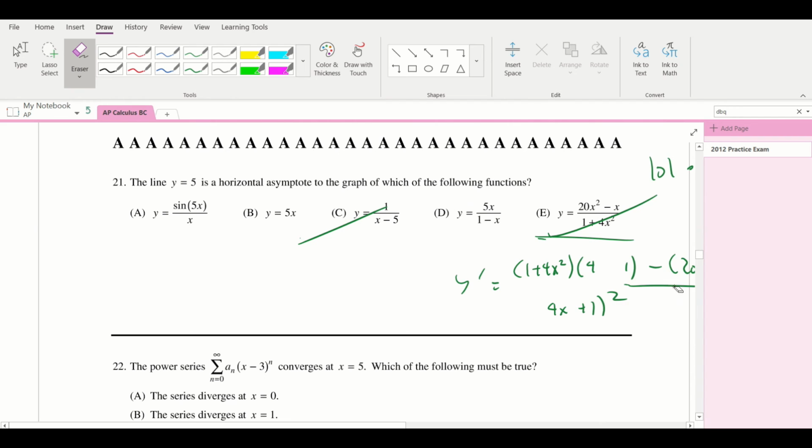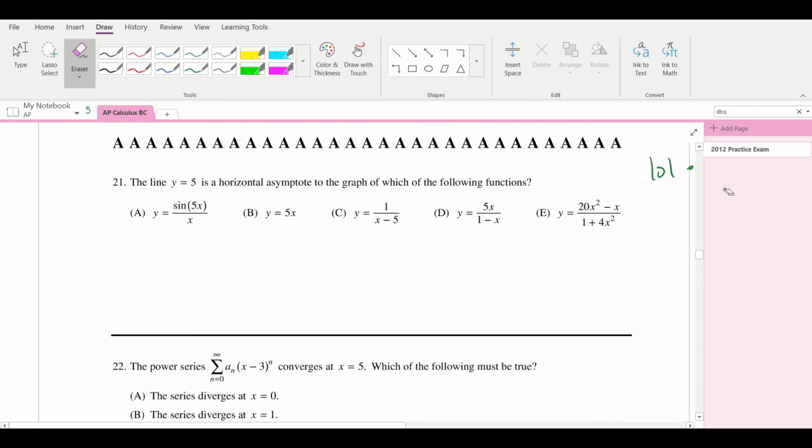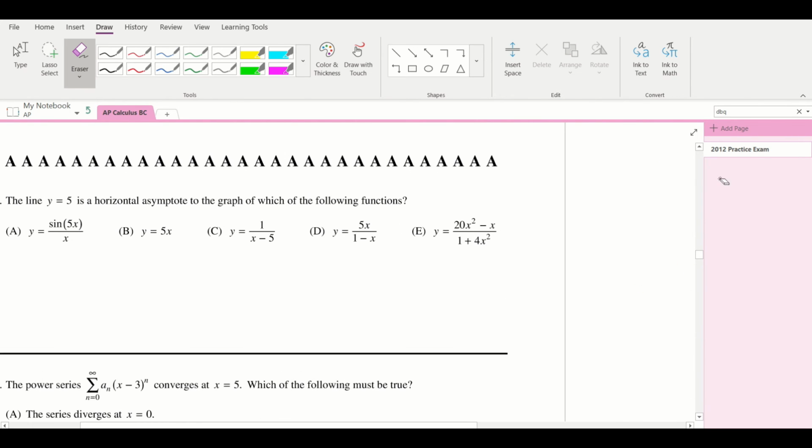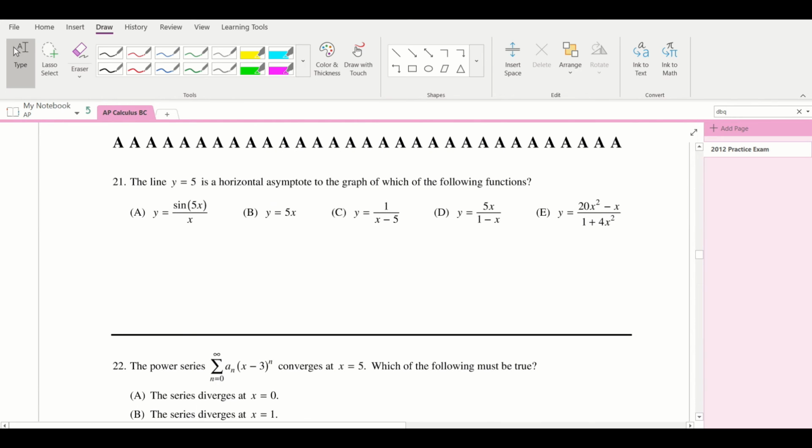But this shows, sorry, my bad. For it to be a horizontal asymptote, it means that y prime equals 0 when y equals 5.